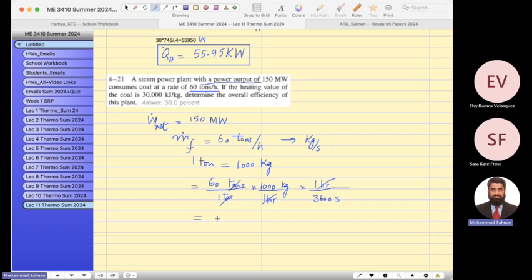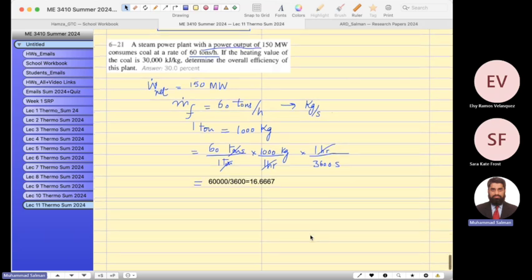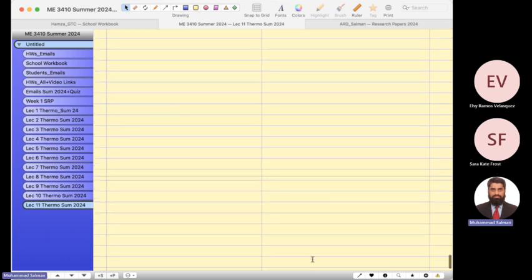So the scaling factor is 60 times 1000 divided by 3600. I got 16.67 kilograms per second.